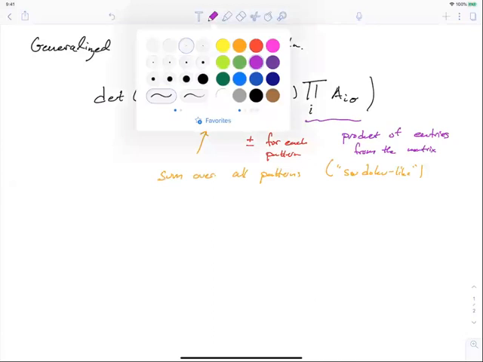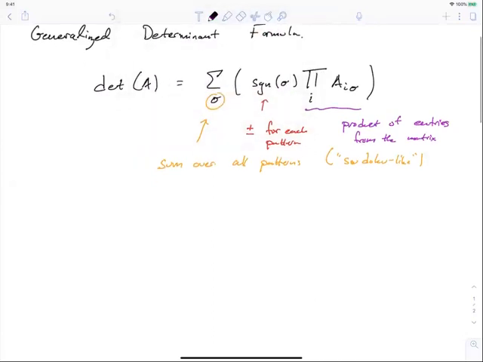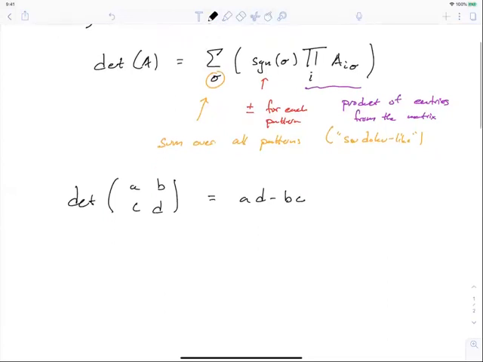All right, we're going to start with a simple 2x2 case of what it means to be a pattern or a Sudoku-like pattern, whether you're plus or you're minus, and what the product is. So we know for the 2x2 that if you take the determinant of A, B, C, D, we have the formula AD minus BC. And for the 2x2 case, we have two Sudoku-like patterns.